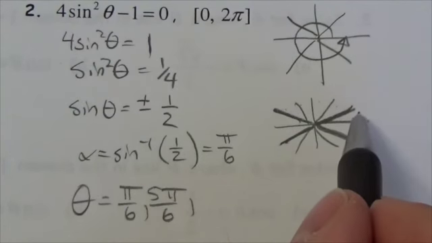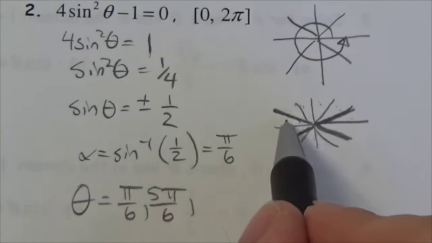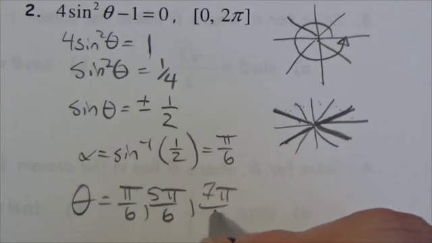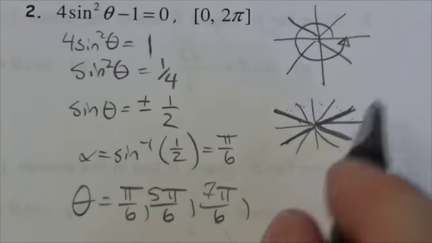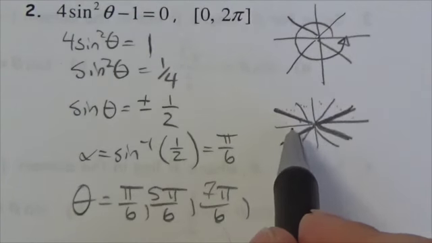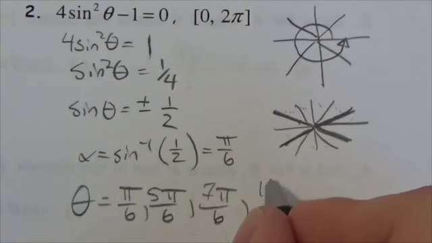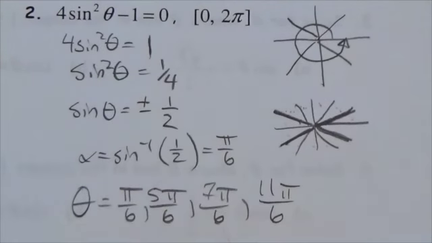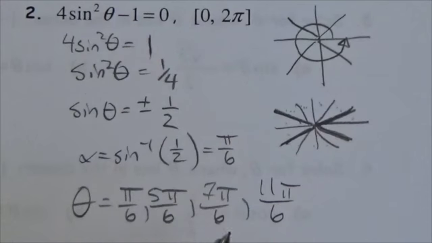To get to the third quadrant is 1, 2, 3, 4, 5, 6, 7 pi over 6. And to get into the fourth quadrant is 1, 2, 3, 4, 5, 6, 7, 8, 9, 10, 11 pi over 6. Now, I hope that you recognize these numbers and you're starting to kind of get used to them popping up, because, man, they show up frequently, okay? We're seeing these answers like over and over and over again.